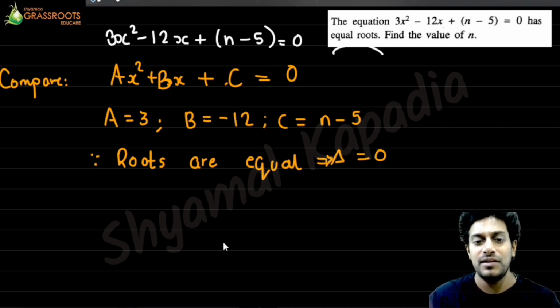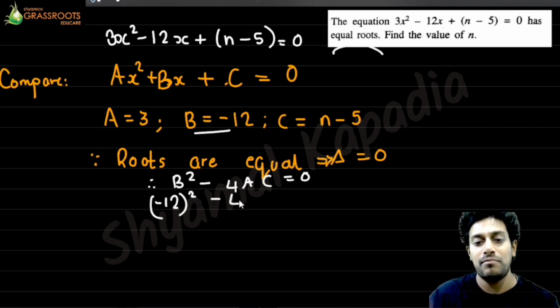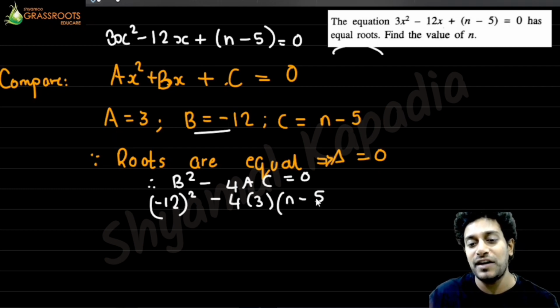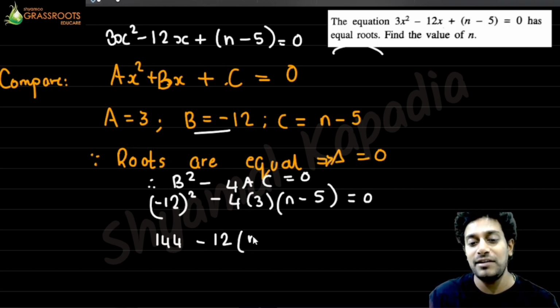So I can say, therefore, delta 0 means b square minus 4ac is equal to 0, because that's delta. b is minus 12 square minus 4 into 3, and c is n minus 5. So you get 144 minus 12 bracket n minus 5.